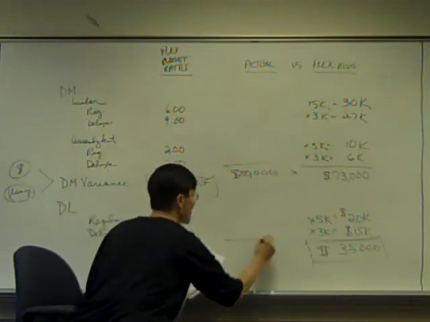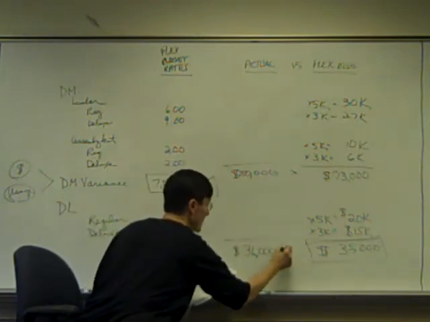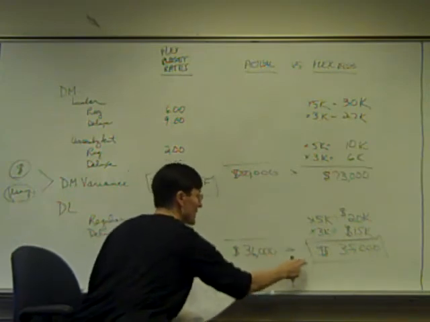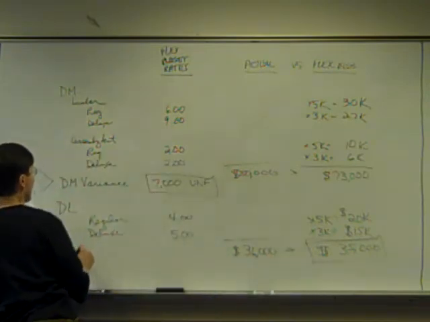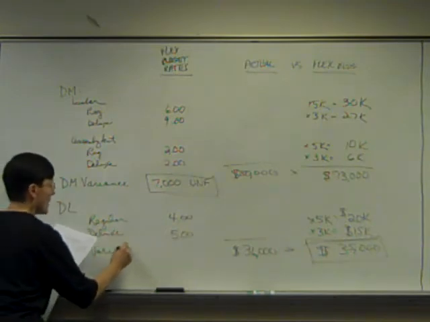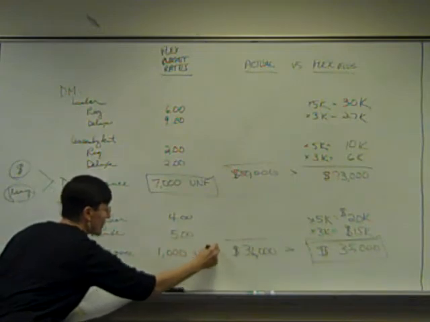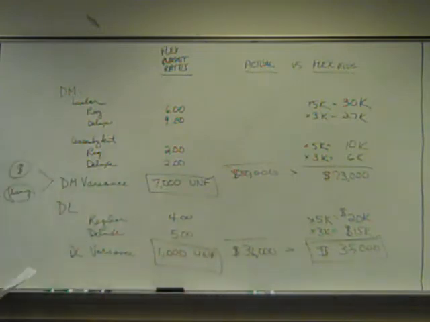What was our actual payroll? $36,000. So again, actual is greater than our flexible budget. So we have a direct labor variance, also unfavorable, of 1,000. But if your boss asks you to explain that, you're going to have to go back and find out what was the rate and the efficiency variances.